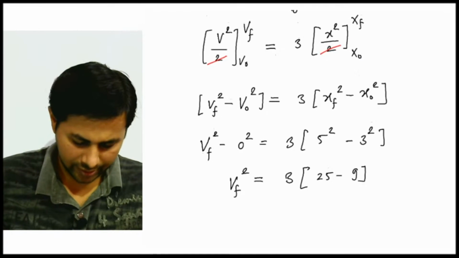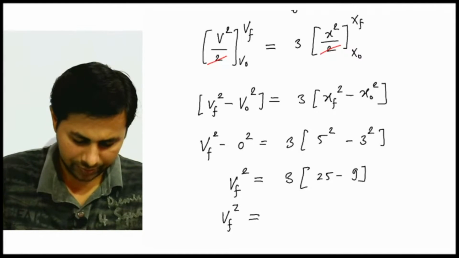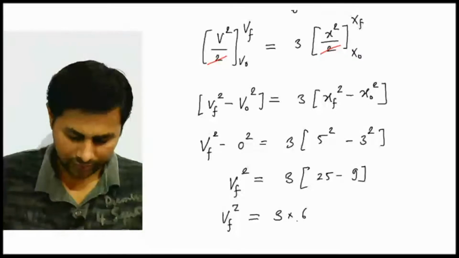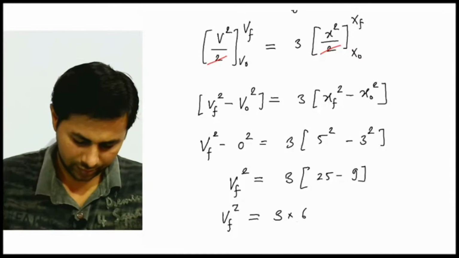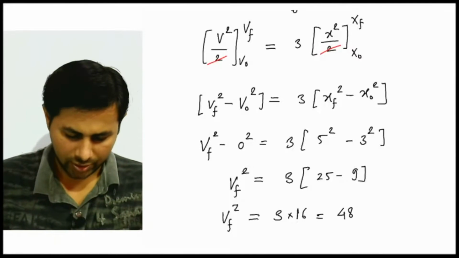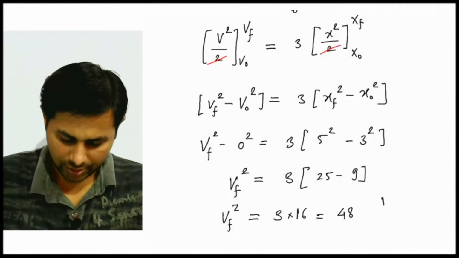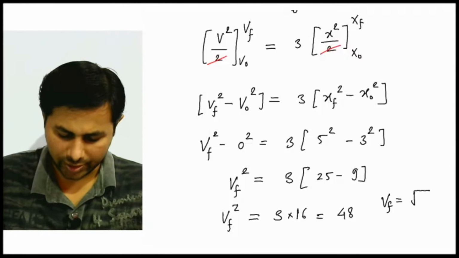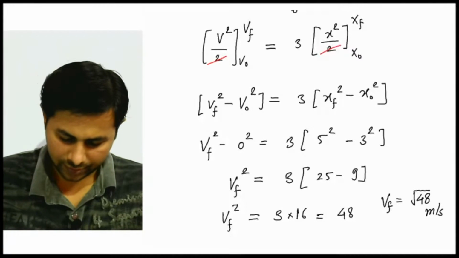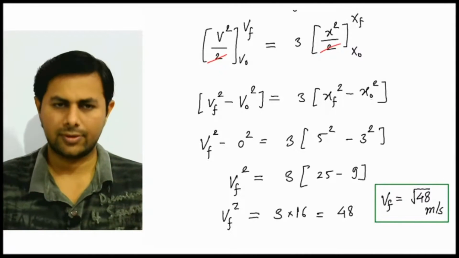Okay, and then we get vf squared equals to 3 times 25 minus 9 is 16. So that is 48. So vf will be equal to what? Square root of 48. Okay, so vf will be equal to square root of 48 meters per second. Plus or minus. So that's the answer.